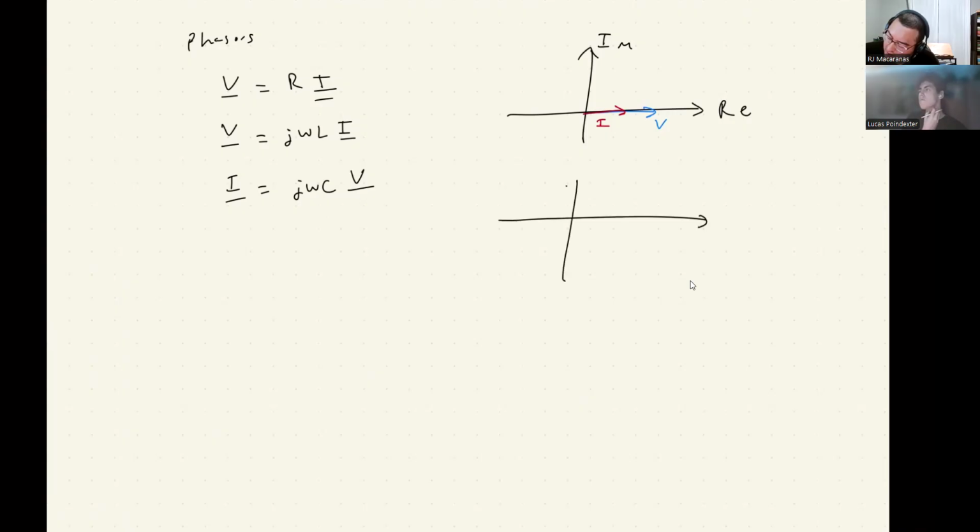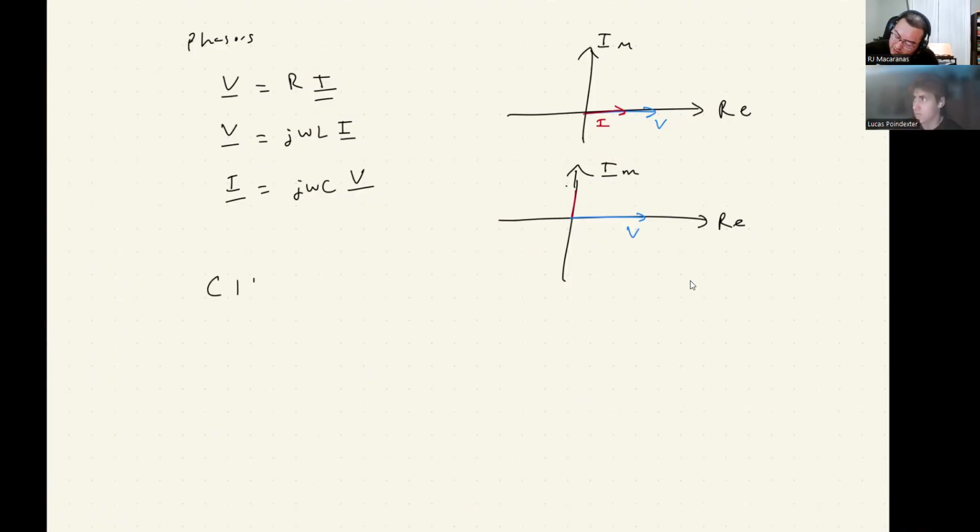But then if I look at the inductor, maybe I just call this voltage my reference. The current again is going to be 90 degrees shifted from the voltage.